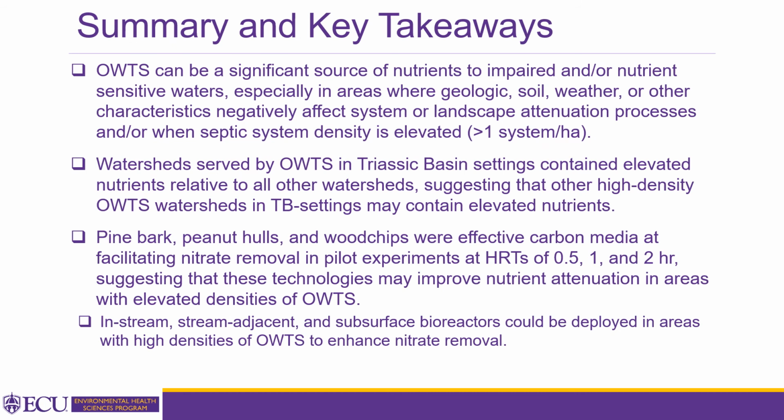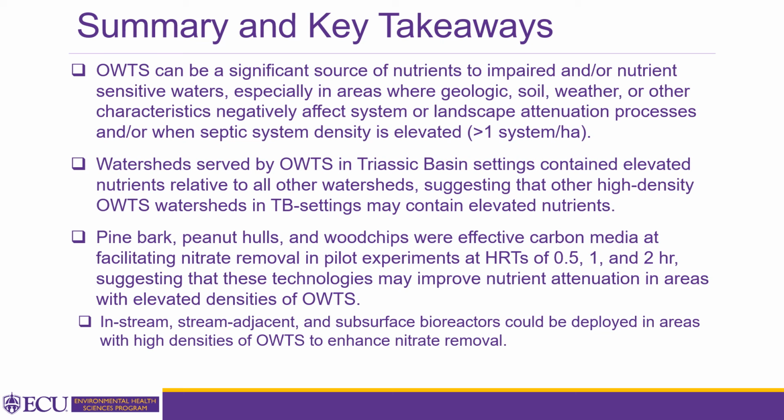To summarize, we found that septic systems can be significant sources of nutrients to impaired and/or nutrient-sensitive waters, especially in areas where geologic, soil, weather, or other characteristics negatively affected system or landscape's attenuation processes, or when septic system density is elevated greater than about a system per hectare. We also found that watersheds served by septic systems in Triassic Basin settings contained elevated nutrients relative to all other watersheds, which suggests that other high-density septic watersheds in Triassic Basin settings may also contain elevated nutrients.